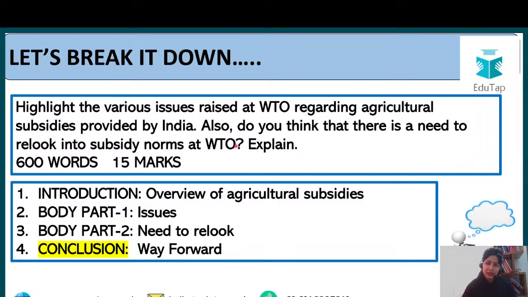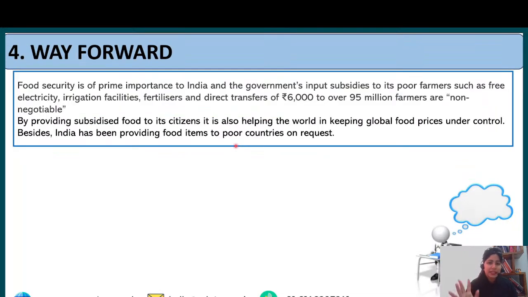So kindly add that also as a way forward. With the changing needs of time, environmental security also has to be made a part of the discussion. So first of all, summarizing the first part, and this is going to be a continuous conclusion for you. You'll just have one paragraph which will contain your way forward and conclusion both. Don't segregate them. This segregation of information is just for your better understanding and presentation.